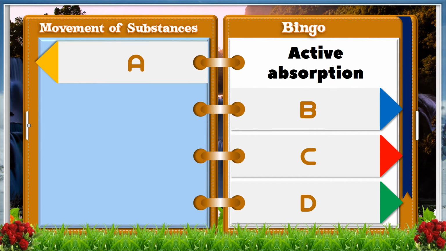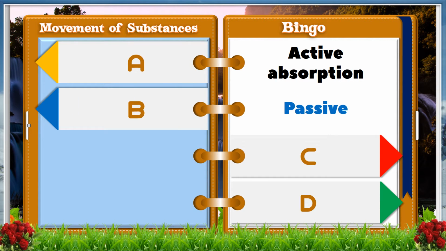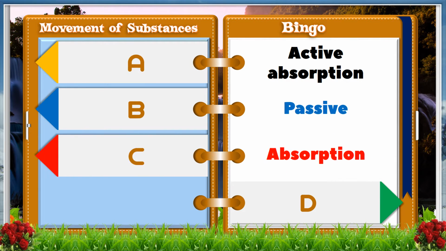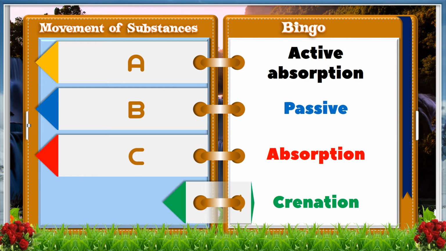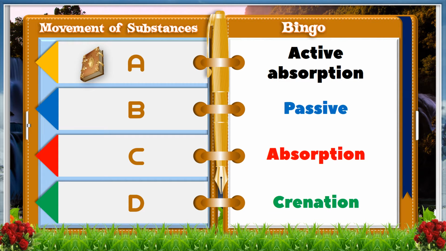A. Active absorption. B. Passive. C. Absorption. D. Crenation. And the answer is A. Active absorption.